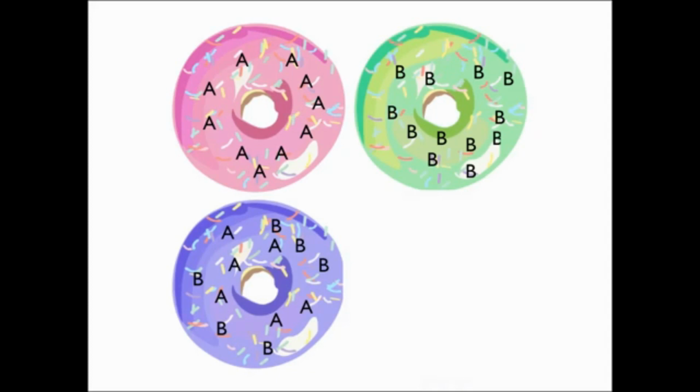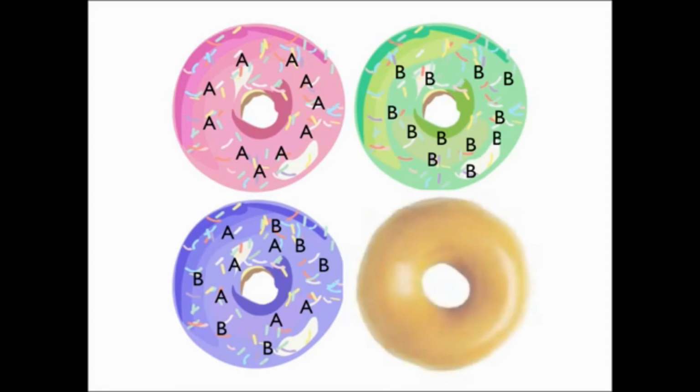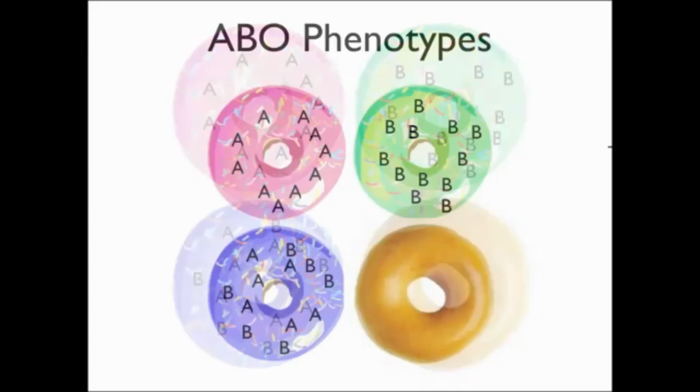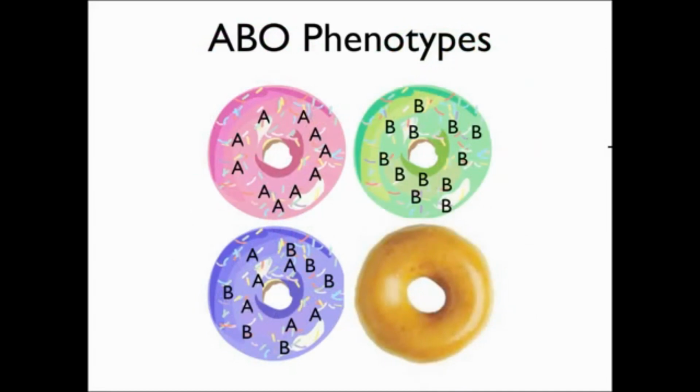And then finally, the last group of people, your last option for donut coverings, is a plain donut. So you're not going to have any sprinkles. I know, it's sad. But some people have to suffer more than others. These are obviously the ABO phenotypes. The phenotype is the trait that you express.